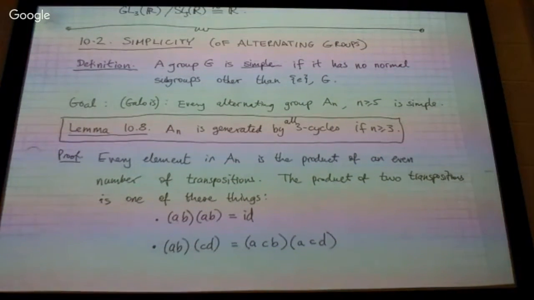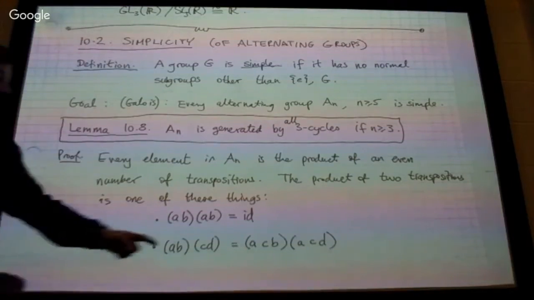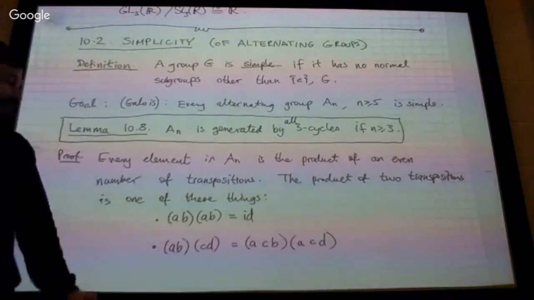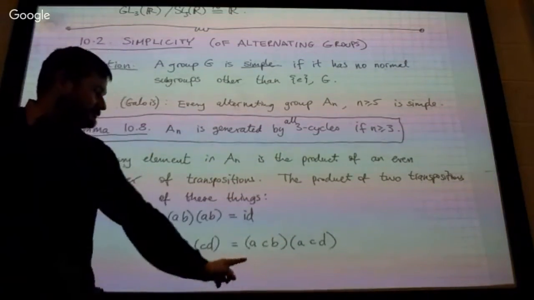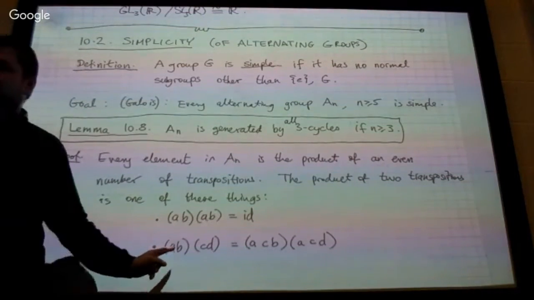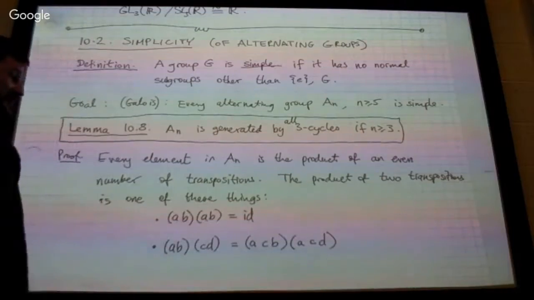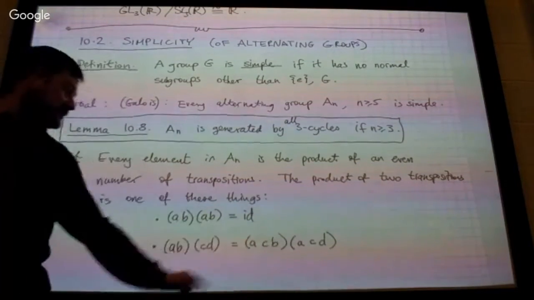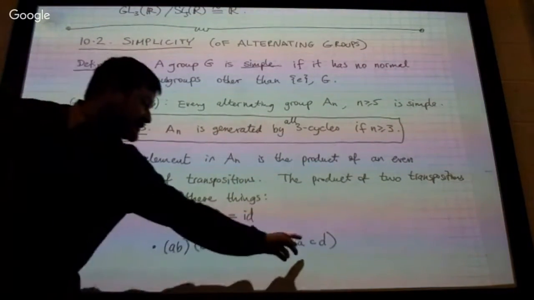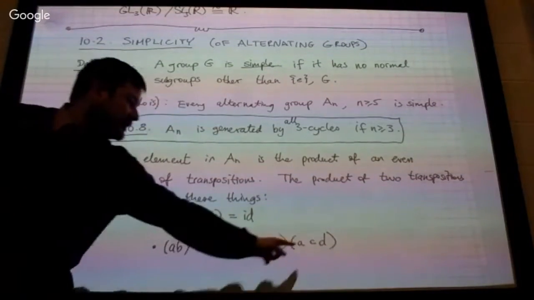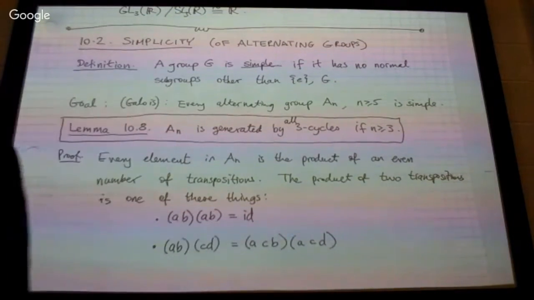So how do you check this? A goes to C, goes to B. B goes to A, C goes to D, D goes to A, goes to C. So it works.